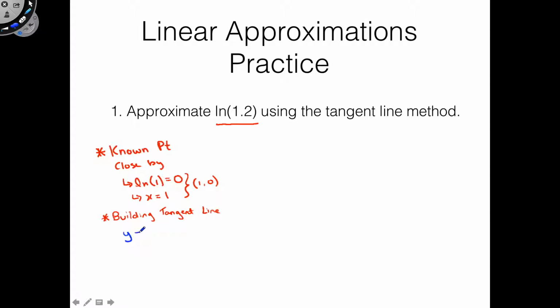We have y equals m times (x minus x1) plus y1. y and x are just variables; we don't need to do anything with those. (x1, y1) is a known point that our line will pass through, and m is our slope.